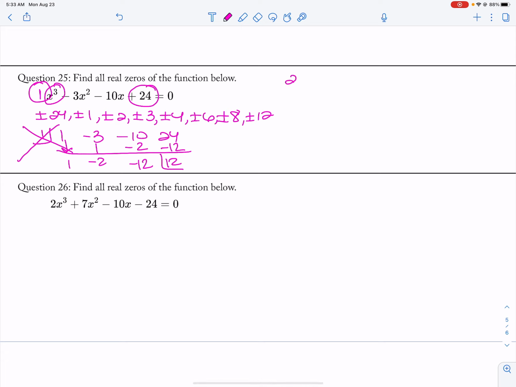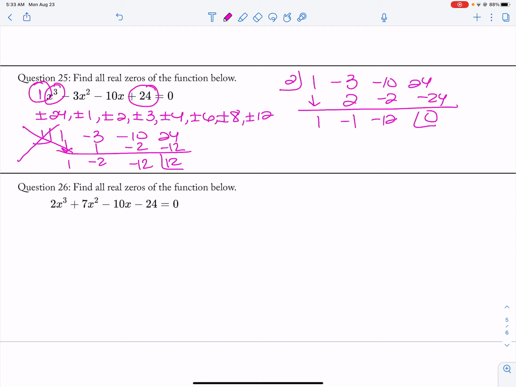So let's do a little magic, bibbidi bobbidi boo. And I have 2, so I have 1, negative 3, negative 10, and 24. Bring down the 1, 1, this is 2, negative 1, negative 2, negative 12, negative 24, 0. So I have x minus 2 as a factor.